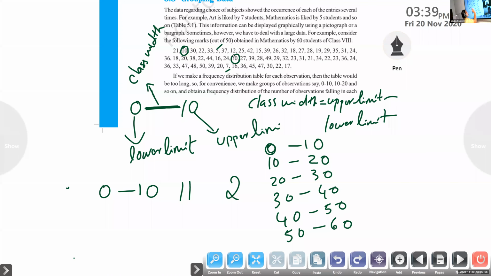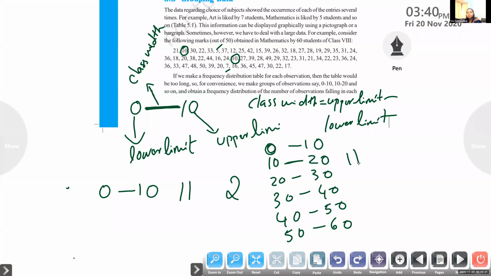Here, in which class is it the lower limit? 10 to 20, yes. In 10 to 20, 10 is the lower limit. So if the upper limit or lower limit comes in our data, we will include it where it is a lower limit. So we will include these two 10s, these two tally marks, in this class.